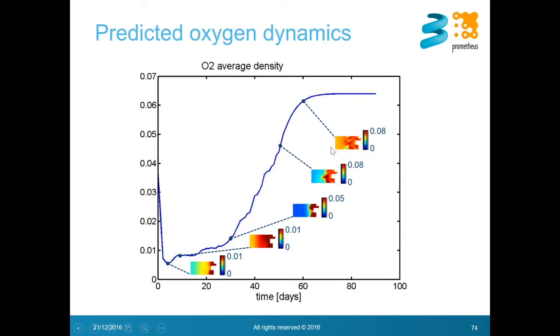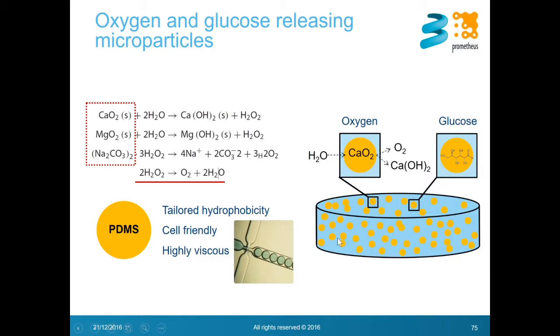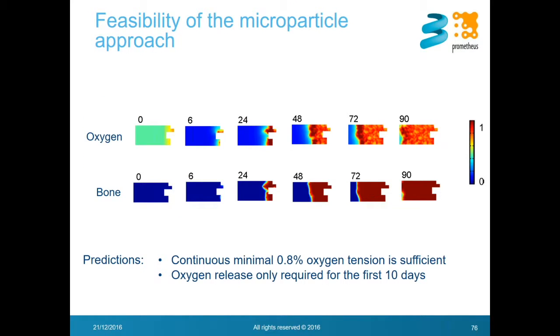So we are working on designing new materials that could actually release oxygen. So they have oxygen glucose releasing microparticles, so that we maintain a certain level of oxygen through this first phase, so that the cells that are present in the center are not dying. And we used the model to calculate or to predict the minimum oxygen tension that would be required to keep a minimum amount of cells alive.